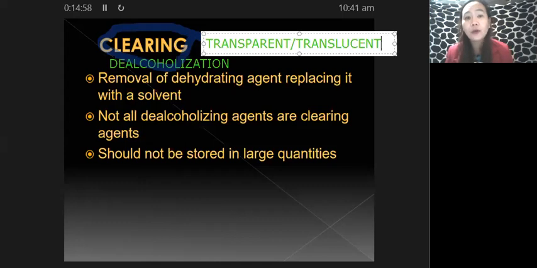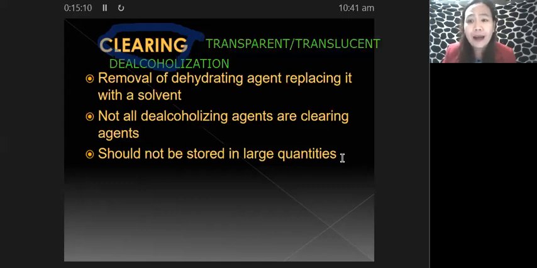All right, so those are the purposes of the clearing process, otherwise referred to as dealcoholization. Class, take note that not all dealcoholizing agents are clearing agents and vice versa.